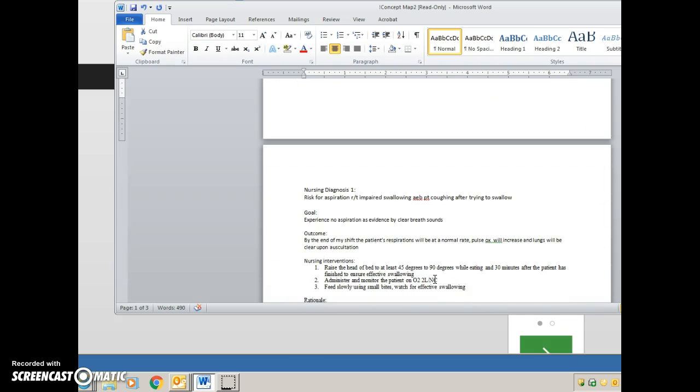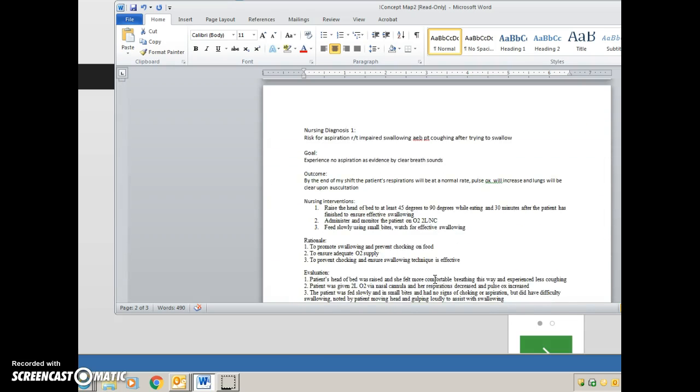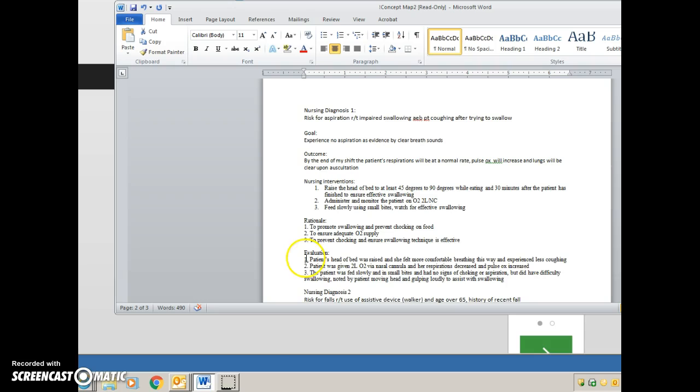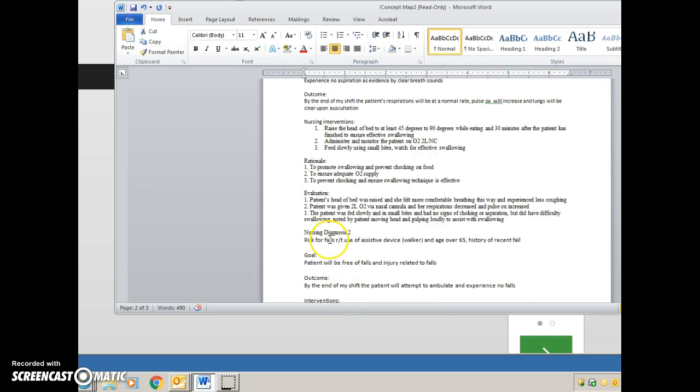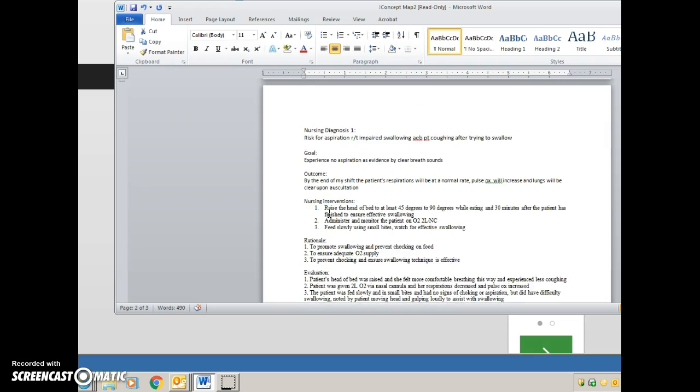Now, then we go to your nursing diagnoses. And you did both your risks. I would have preferred the confusion, because if you address the patient's dementia and confusion, you could diminish the risk for falls and the risk for aspiration. Your goal is good.